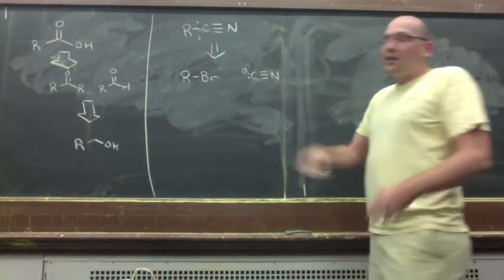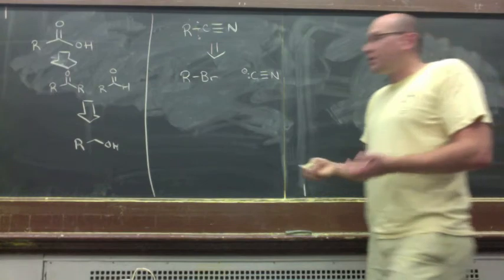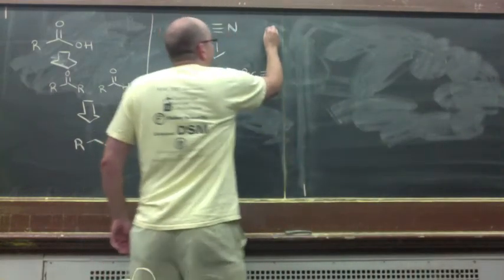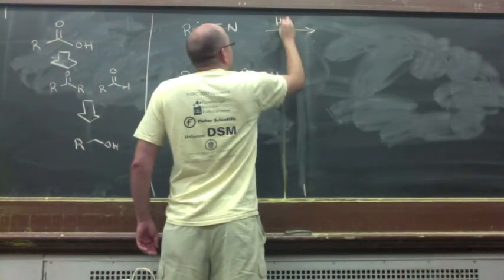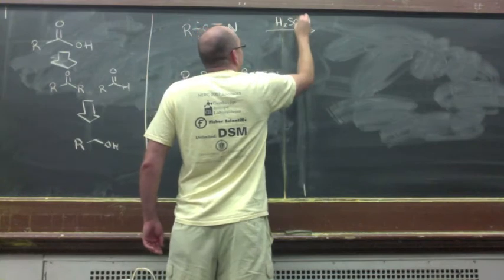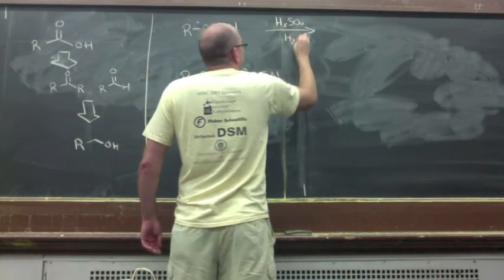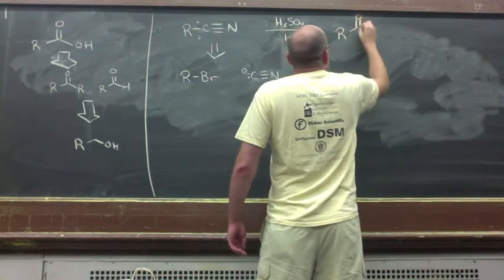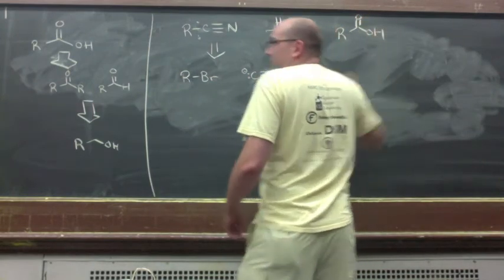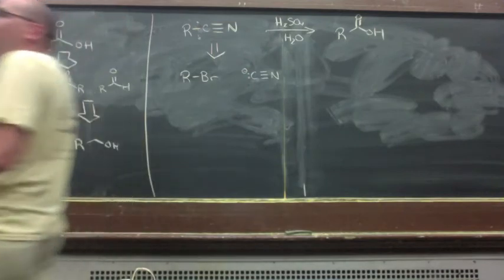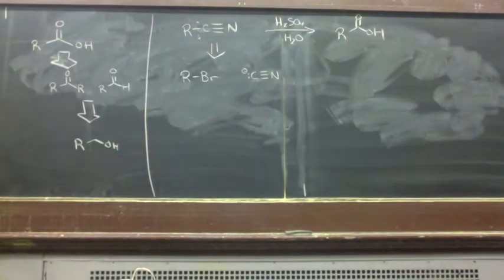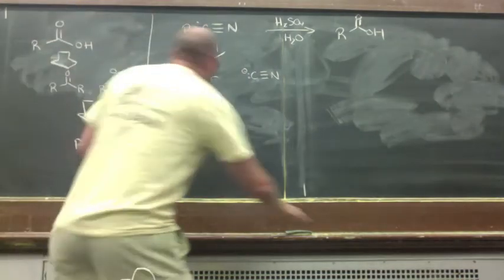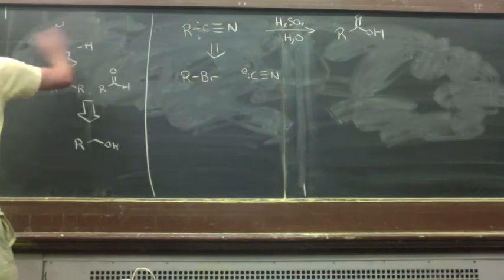And then furthermore, cyanides are simply a hydrolysis away from carboxylic acid. Okay, and so this is an example where, if you have an alkyl halide and you want to attach CO2 to it, you've got a couple options, right? So let's discuss that really quickly from a synthetic standpoint.